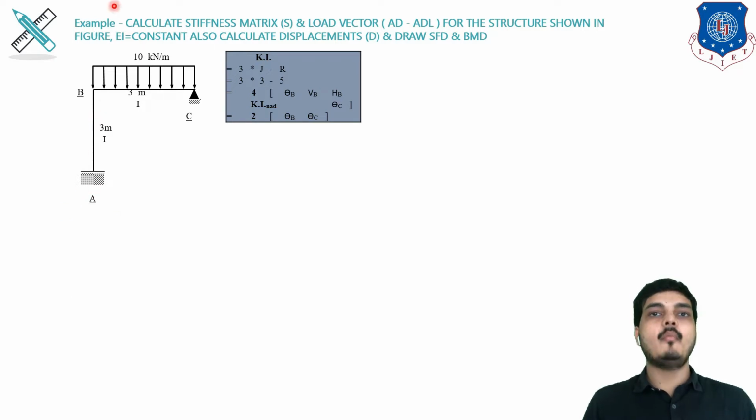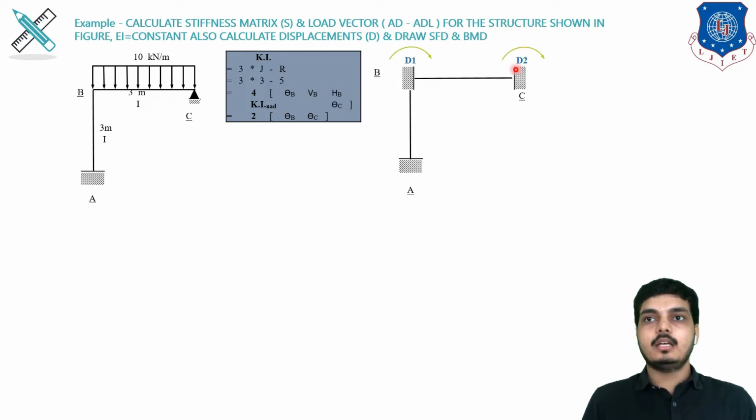So there will be no movement of the B support from its original position upward. So there will be no unknown of vertical reaction also, because there is a resistance given at A. Ultimately only theta B will remain unknown at B and theta C unknown at C. Similarly we are solving as in the beam type of sum. So there are two unknowns. Let's start.